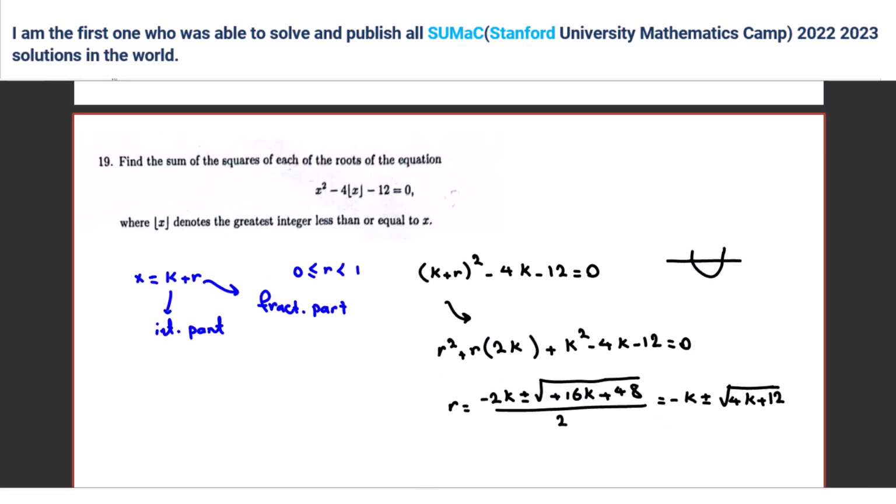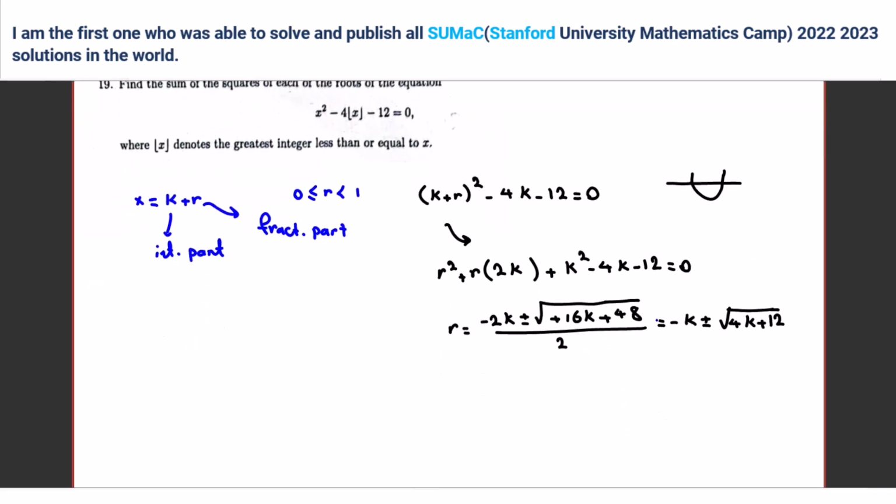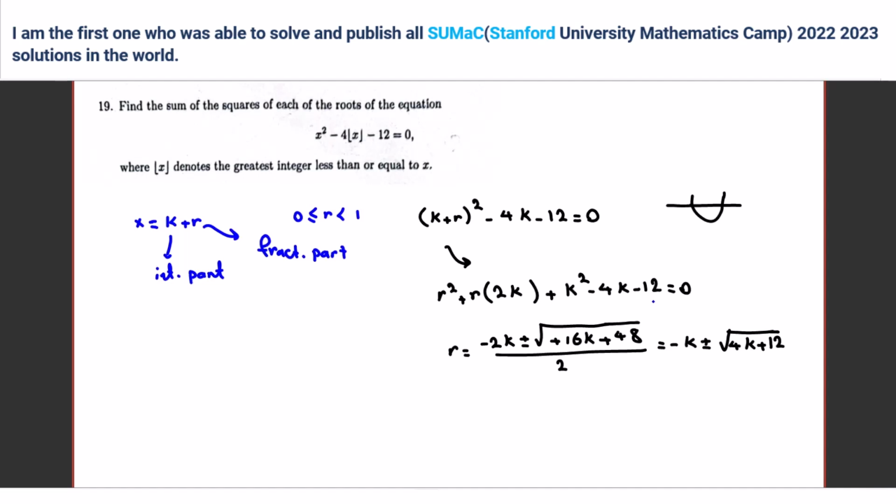So now we should select plus or minus. Plus. Why? Because if it's minus, it will just make r negative. But if it's plus, then it could be between 0 and 1.